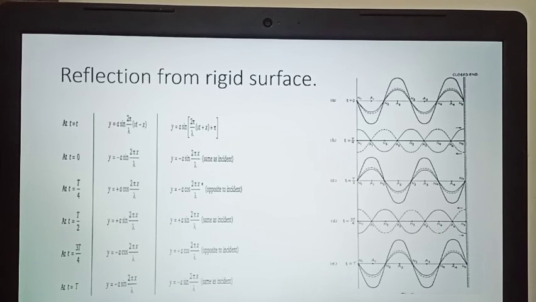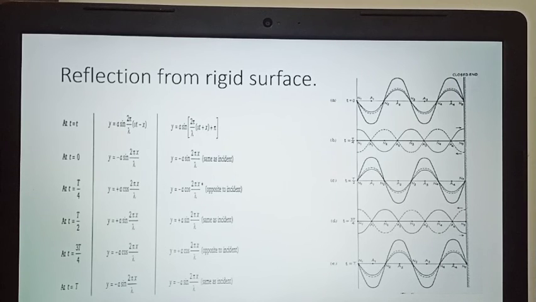Then the conditions: both ends are open, so both ends should be antinodes. So you get the equation lambda equal to 2L divided by n. Again, depending upon the value of n, you find the different modes of vibration, corresponding frequencies, and the ratio of frequencies.